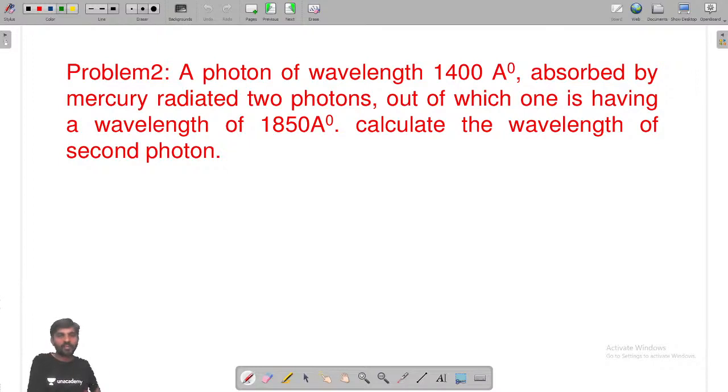What is it saying, sir? A photon of wavelength lambda, 1400 angstroms, is absorbed by a mercury atom, which radiates 2 photons.